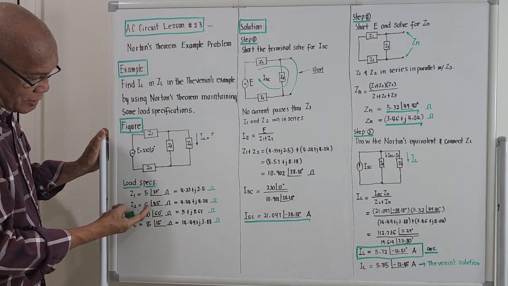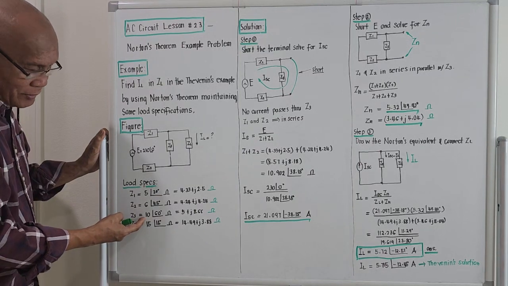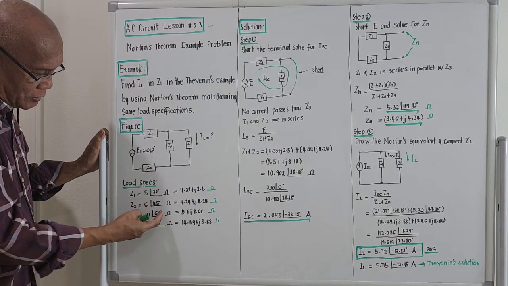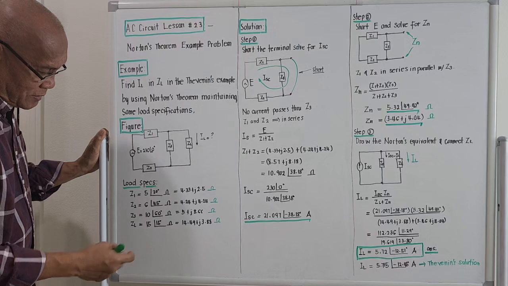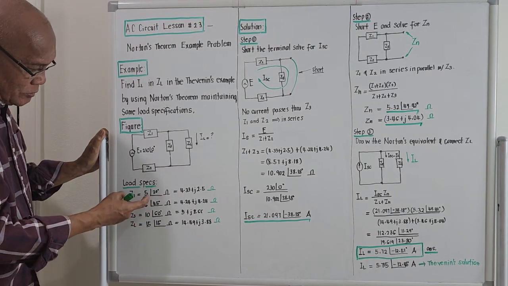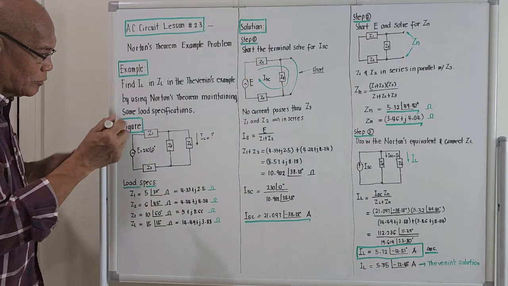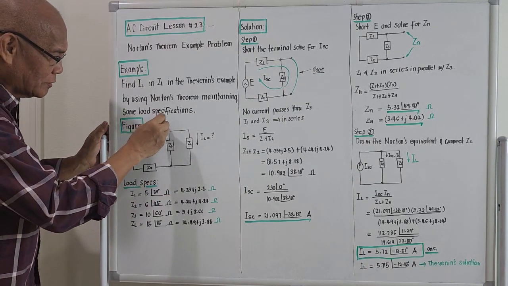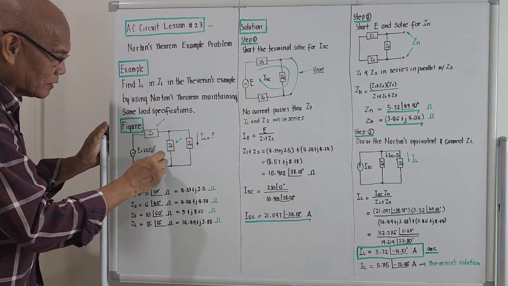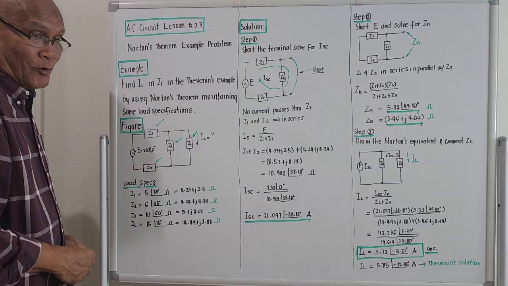Z2 will be 6, angle 45 degrees, ohms. Z3 will be 10, the magnitude is 10, angle 60 degree, ohms. And ZL is 15, angle 15 degree, ohms. So all the angles are positive, so these are all inductive loads. Inductive, inductive, inductive, inductive. It could be that all of them are motor loads.